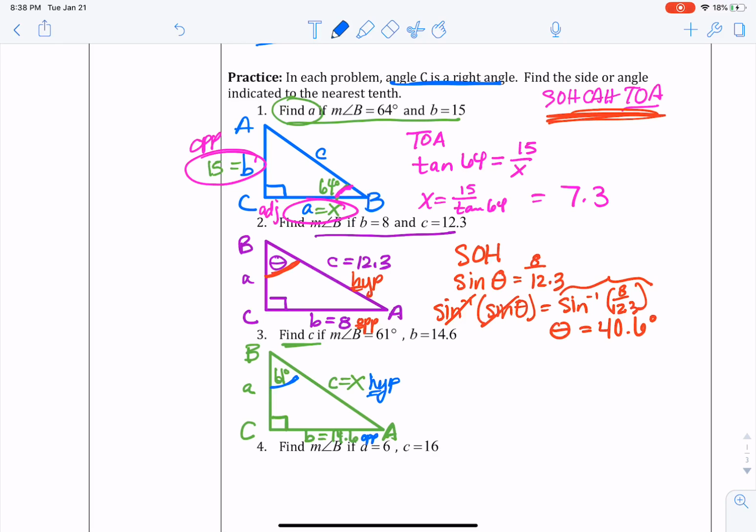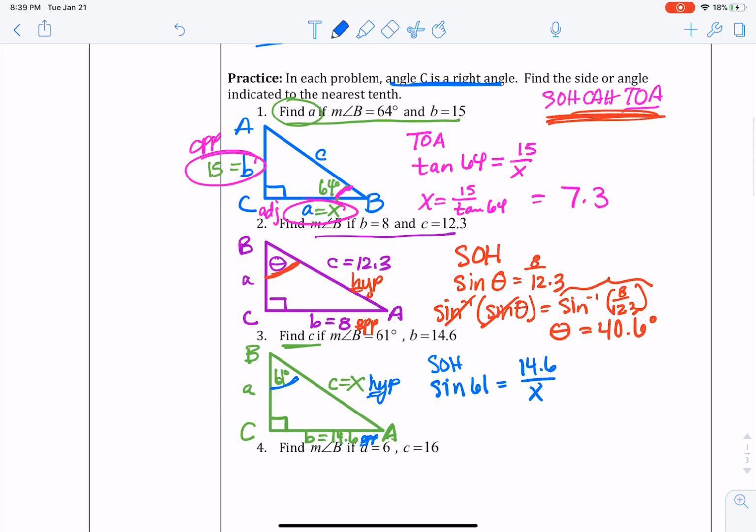So I have O and H. That's SOH. The sine of 61 is opposite, which is 14.6 over hypotenuse. When X is in the denominator, we can switch so that X equals 14.6 divided by the sine of 61. Put that in the calculator just the way it's written, and we get this X, or side C, is 16.7.